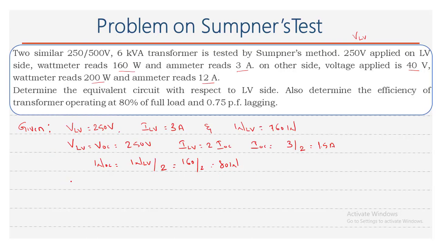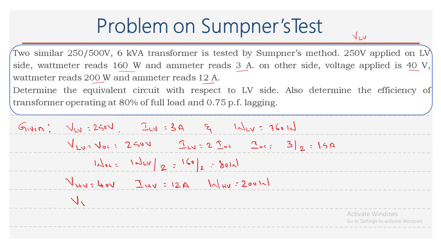Similar data we need to extract from the HV side also. The voltage on the HV side, the applied voltage, is 40 volts, the current flowing through the HV side is 12 amperes, and the wattmeter placed on the HV side reads 200 watts. They are in series, hence this voltage will get divided.